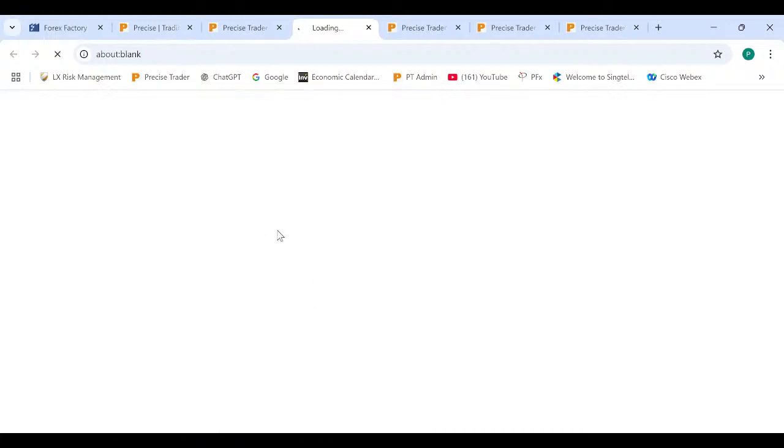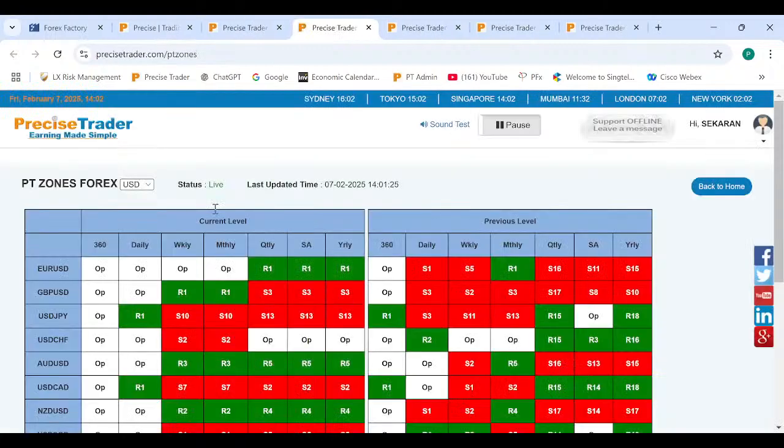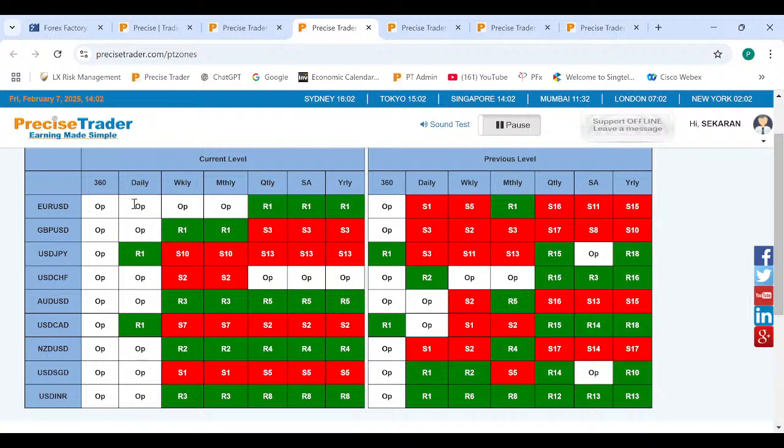The PT zones, I remember I told you on my system, will tell you which floor, where the real location is, where the market is trading as of now. That means if you ask me about pound, on the weekly it is trading at a resistance. Monthly, it is trading at resistance.